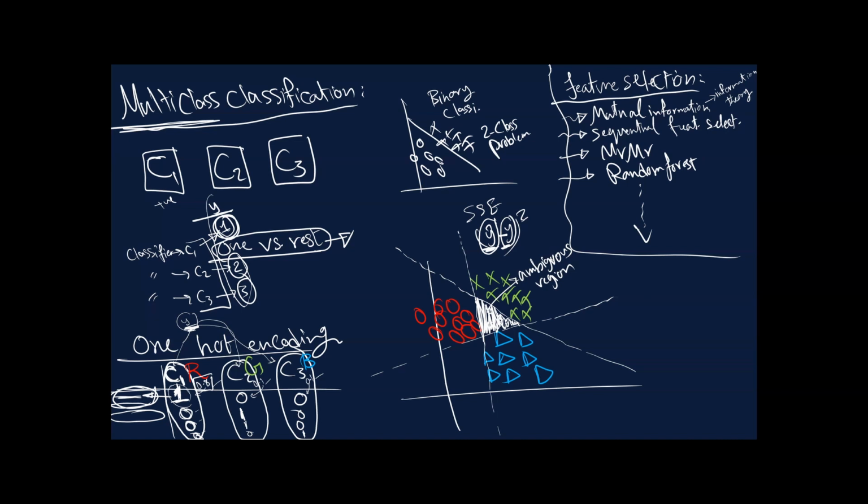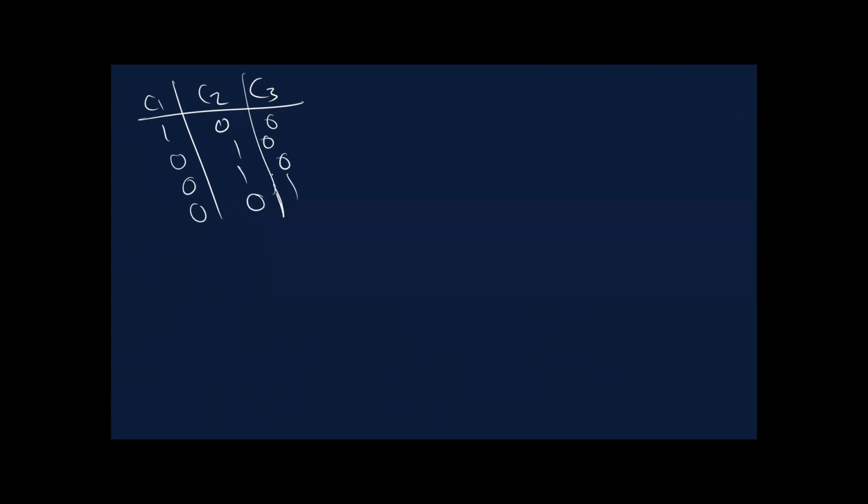No. Okay, good. So let's consider what will happen when we take the values from these different classifiers. I will just put this again. It was looking like that, and those are our true labels.